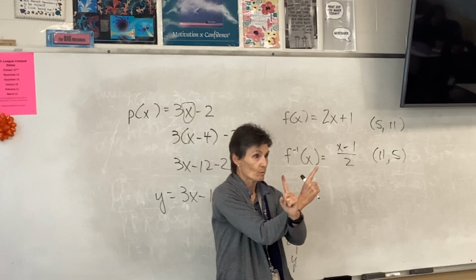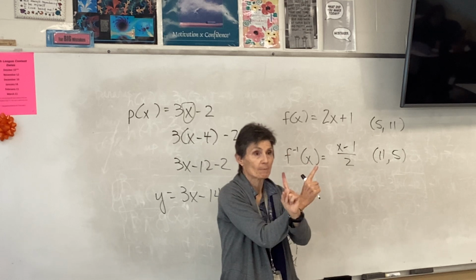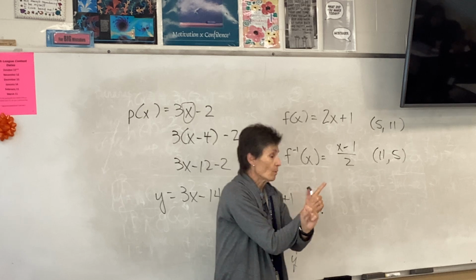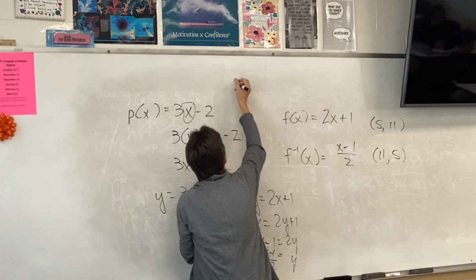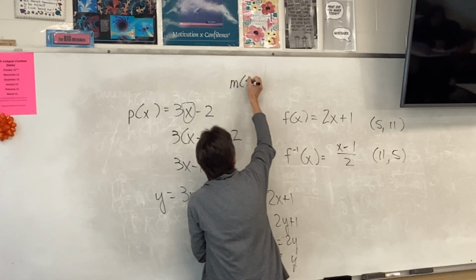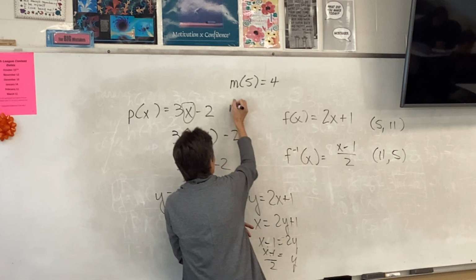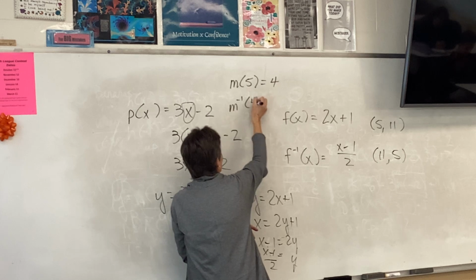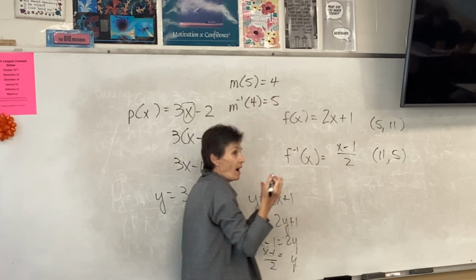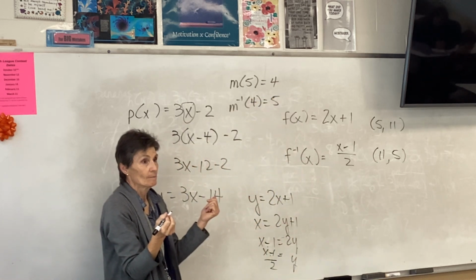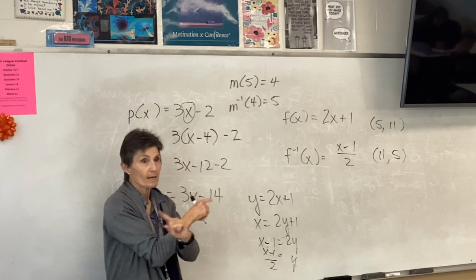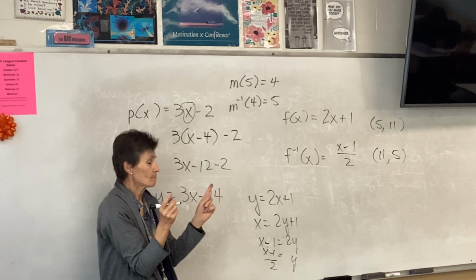Or the inverse and the original undo each other, so you flip-flop. So if you knew that m of 5 was 4, then m inverse of 4 would have to be 5. Would you agree with that? They undo each other. X and Y switch.